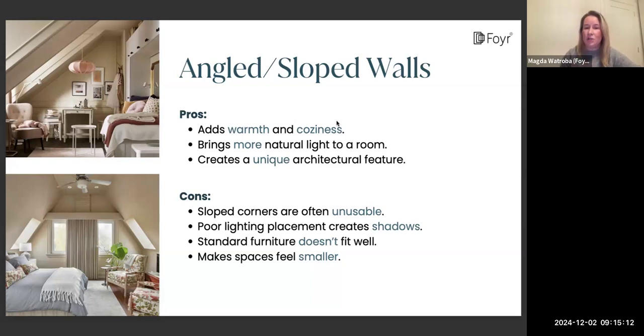But when it comes to disadvantages, sometimes the space isn't used because they take a bit of space. Sometimes you might do storage there, but that's not always an option. Sometimes when the windows are not put in correctly, they will block the light.